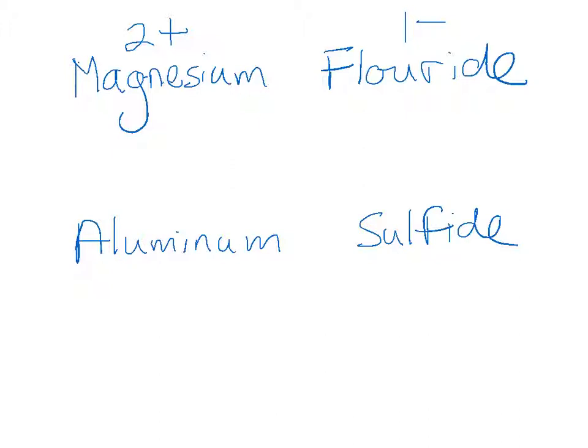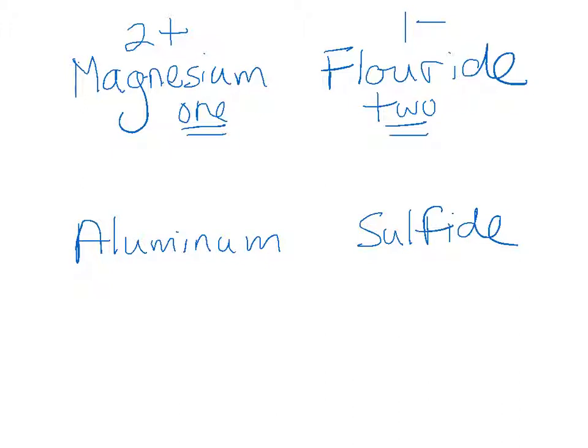Then I ask myself, well, how many of each of these ions would I need to cancel out the charges? And I would say that I would need 1 magnesium and I would need 2 fluorides so that the charges would cancel each other out.